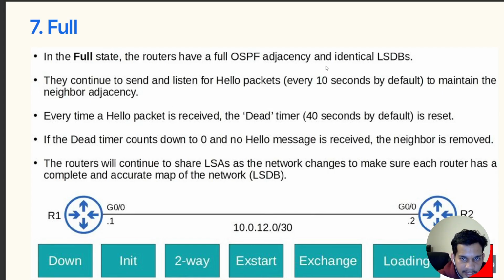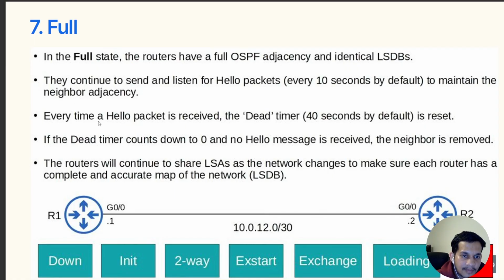In this full state, the router has full OSPF adjacency and an identical LSDB on both sides. So they typically have the whole network map, the connectivity map, on both routers. They continue to share hello packets every 10 seconds to maintain the neighbor adjacency.